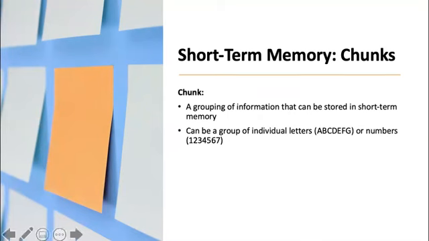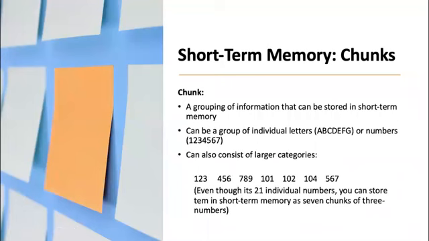So you might be able to memorize 7 numbers in a row or 7 letters in a row. But this can also consist of larger categories. And this is when we break them up into chunks or groups. So let's say you have 21 numbers. And if you can imagine, if all of these numbers were just strung together in one long line as 21 individual numbers, right?